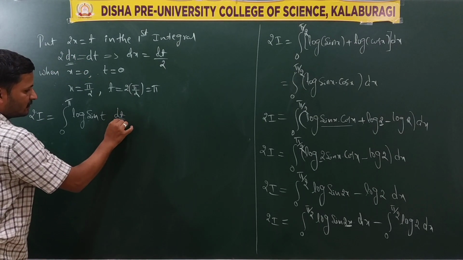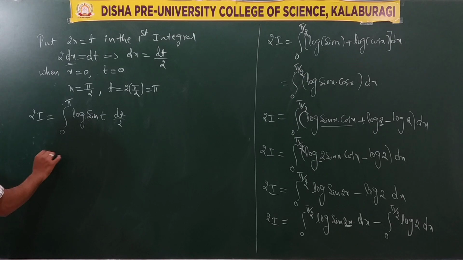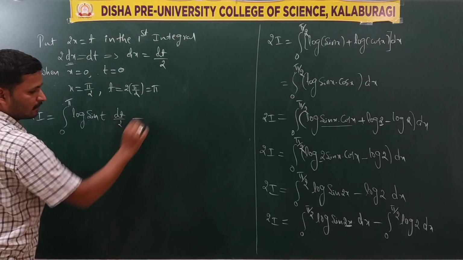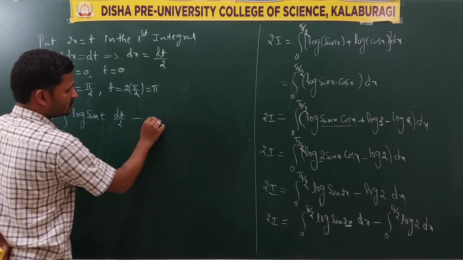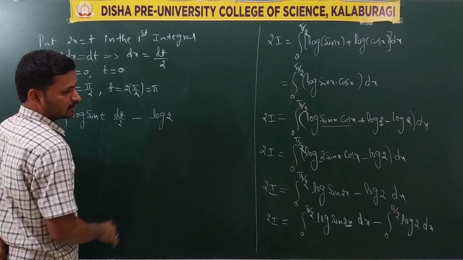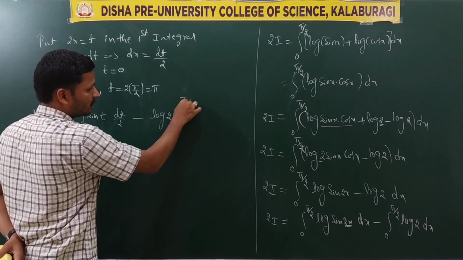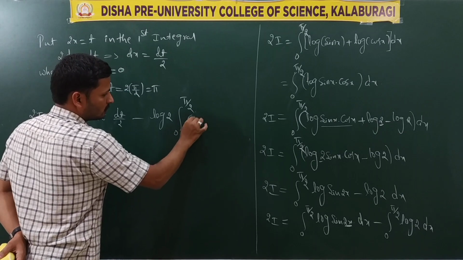And next, minus log 2 is a constant term, so take it outside the integral, and integration from 0 to pi by 2 of 1 into dx.